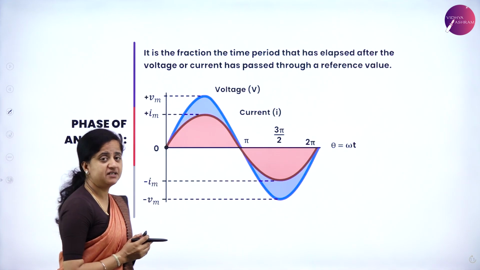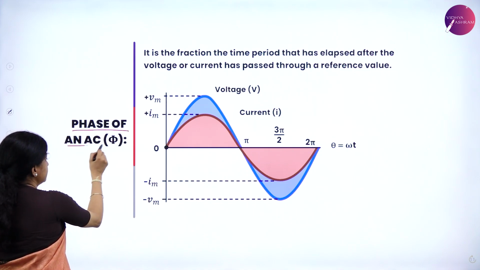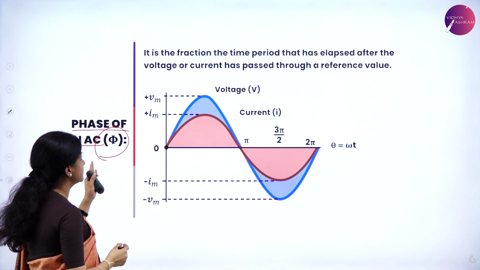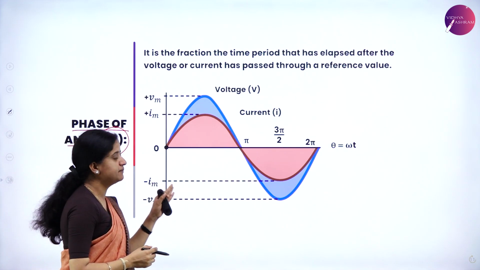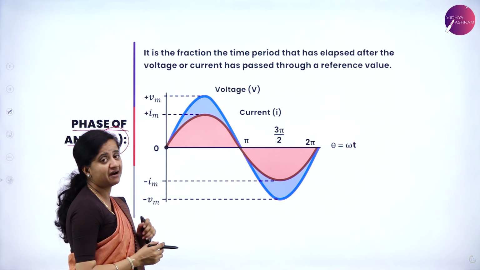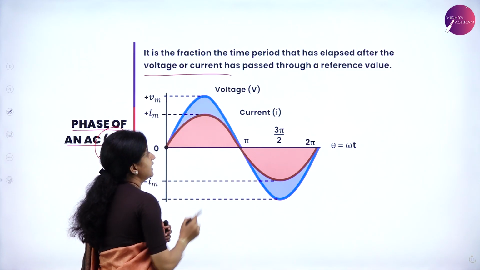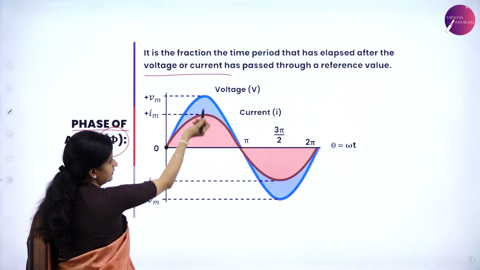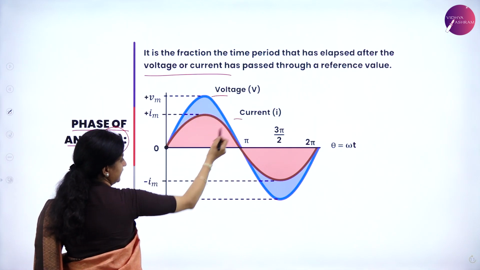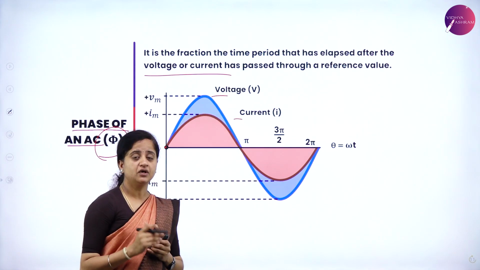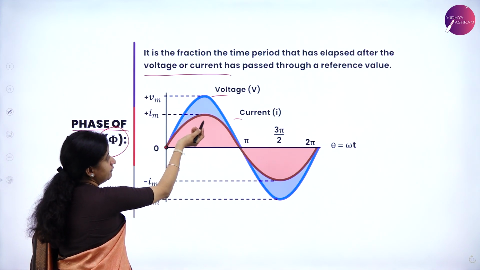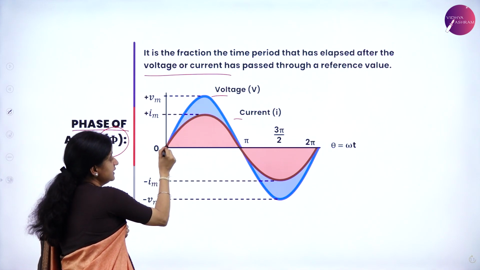The next parameter is the phase of an AC. Phase is denoted by the letter phi. What is phase? It is the fraction of time period that has elapsed after the voltage or current has passed through a reference value. Say for example, I have two waveforms here, one for voltage and one for current. This is the reference value. What is the fraction of time period that has elapsed after voltage or current passes through this reference point?